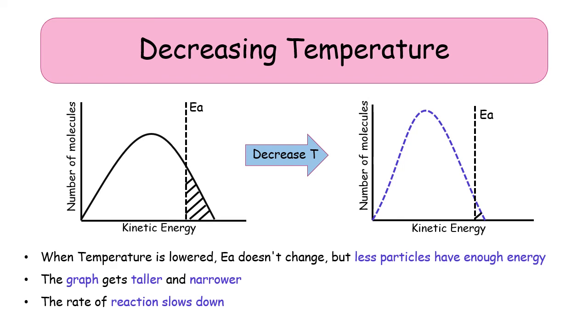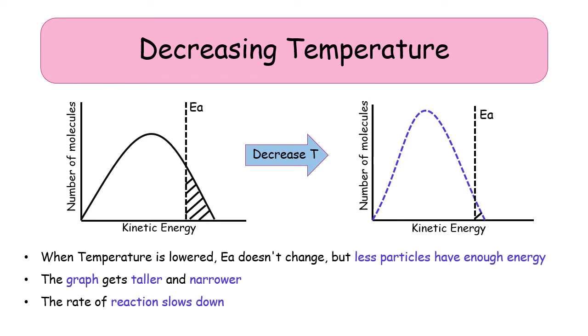So from this video, what you need to be able to remember is what a catalyst is: a chemical that speeds up the rate of reaction by lowering activation energy, but is unchanged. You need to remember that on the potential energy graph, you just make the hump lower by lowering the activation energy.